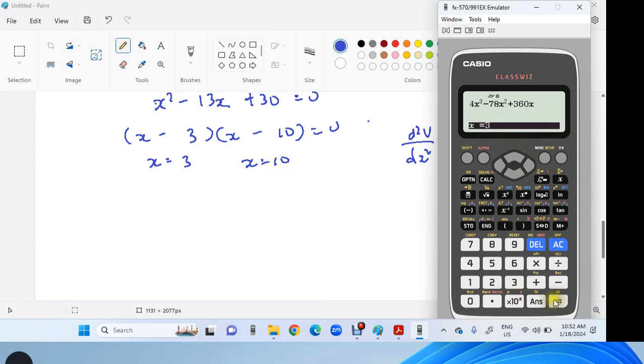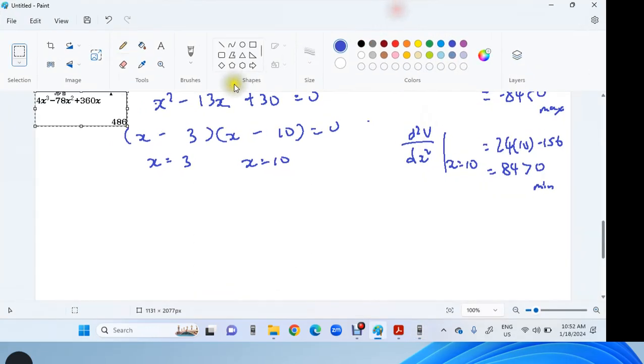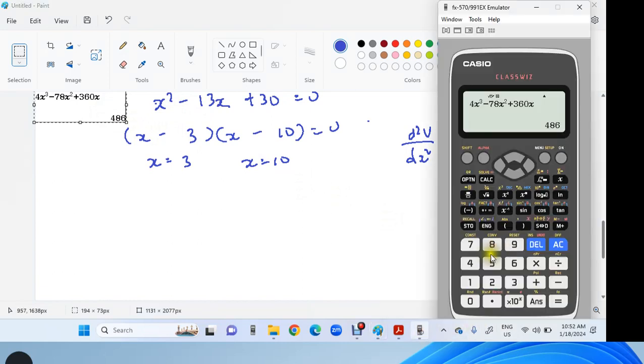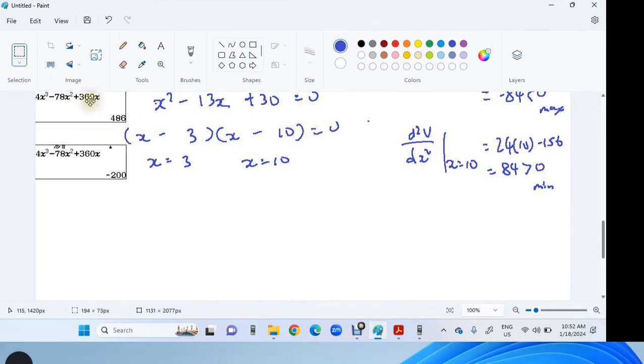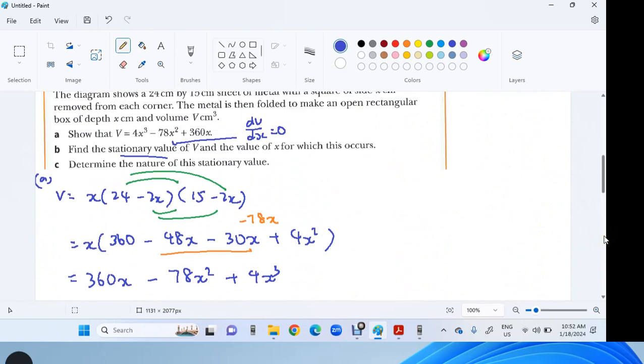When x equals 10, calculating gives a volume of negative 200. But this is not possible, because the volume won't be negative. So actually x equal to 10 cannot be.